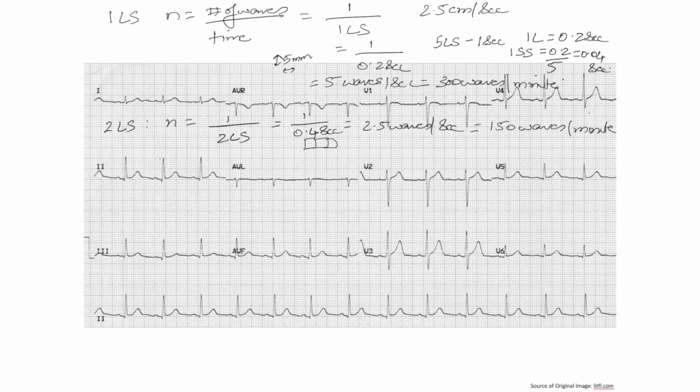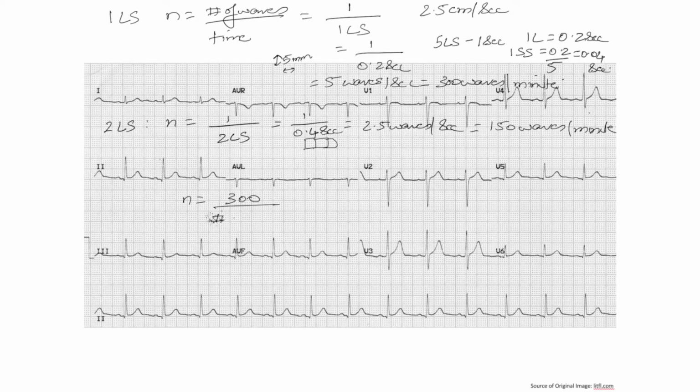In essence, if you think through the process, you could estimate the frequency of a wave by simply dividing 300 by the number of large squares between the waves.